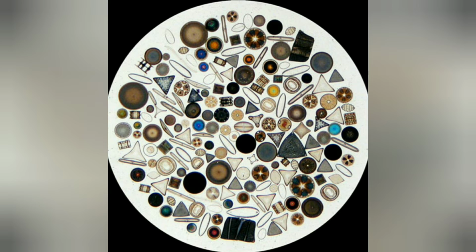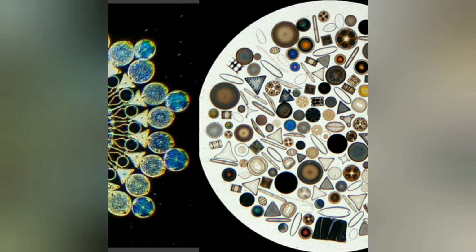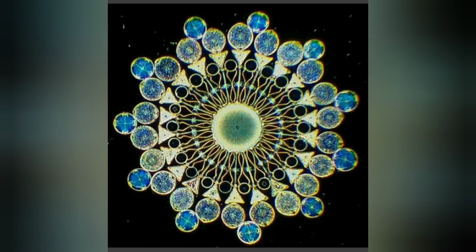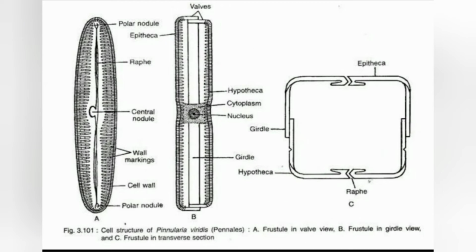Okay, and so coming to the cell structure, again the cell structure you will study in detail when you study the life cycle with Miss. She will explain the life cycle of diatoms. Now I'll just show you this diagram here.